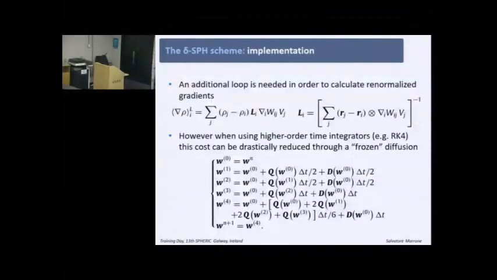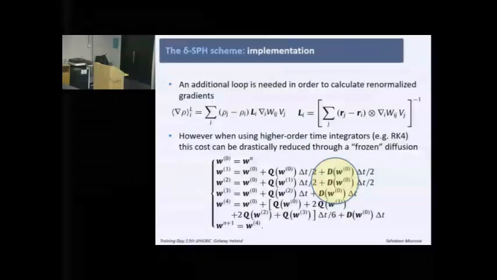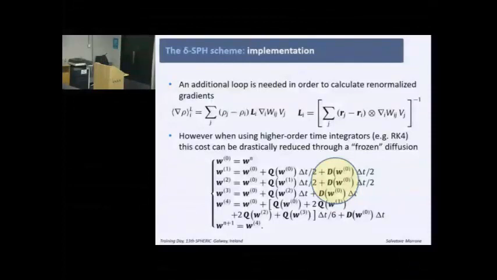In the Runge-Kutta scheme, at each sub time step you need to evaluate the different time derivatives of the momentum equation, but you can decouple them from the diffusive one. The diffusive part, related to the delta-SPH, you can calculate just at the first time step and then keep it fixed during the different sub-steps.